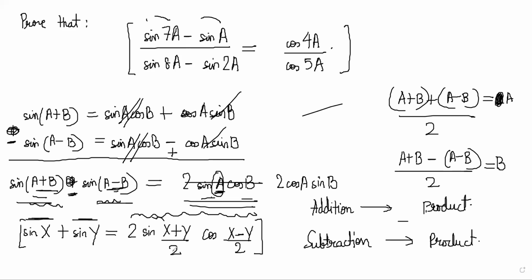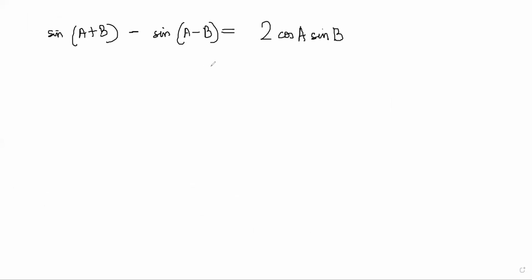So basically sin(A + B) − sin(A − B) is equal to 2 cos A sin B. This is coming straight from the expansion of these, where one term gets cancelled out.